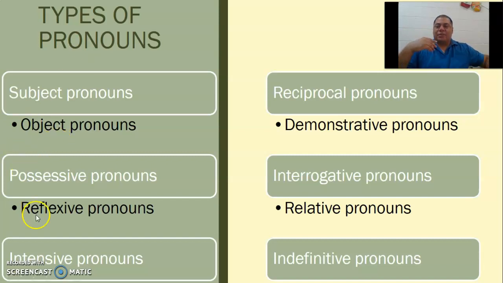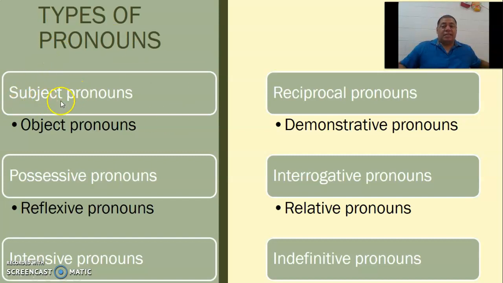I think you get the point. I mean, there are possibilities, excuse me, for another pronoun to act as the subject. For example, a relative pronoun can be a subject. An indefinite pronoun can be a subject. The roles of the pronouns are not relegated in many cases to one particular function in the sentence.